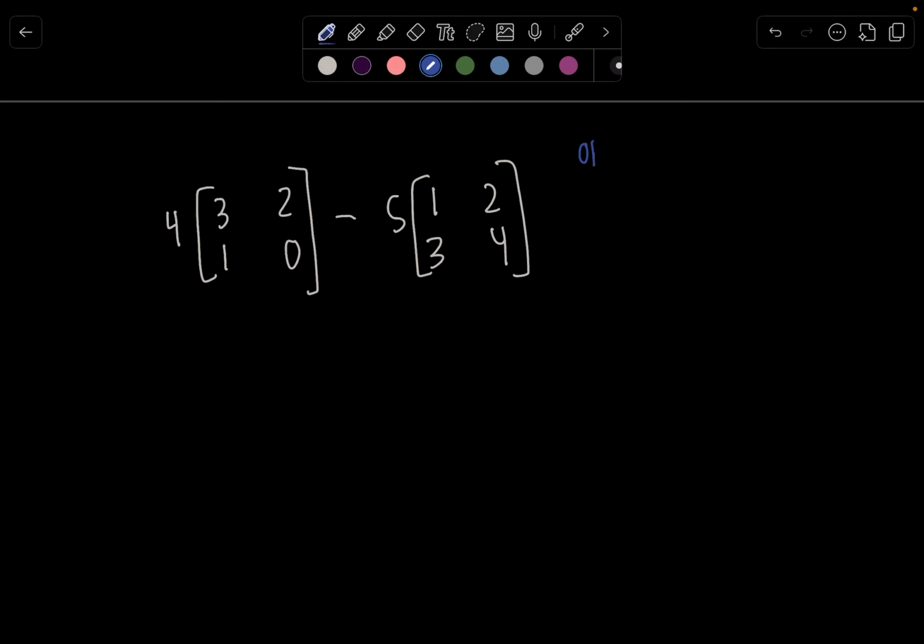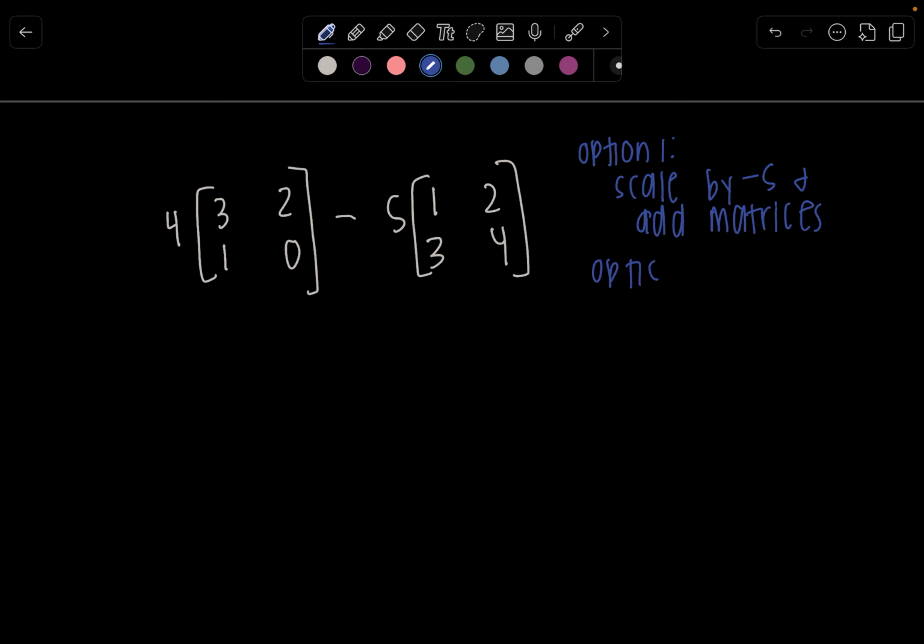Option 1, and it's more for the right way. So for that negative 5 matrix, you can multiply or scale. Let's do scale. So scale by -5, and then you will add your matrices.